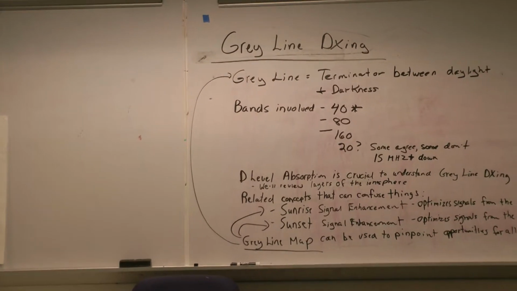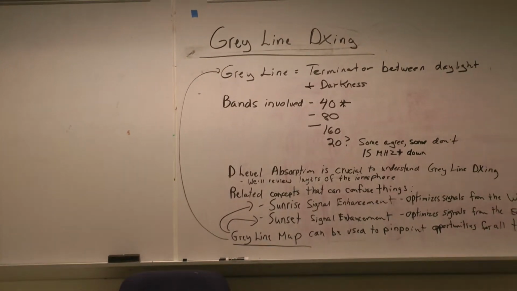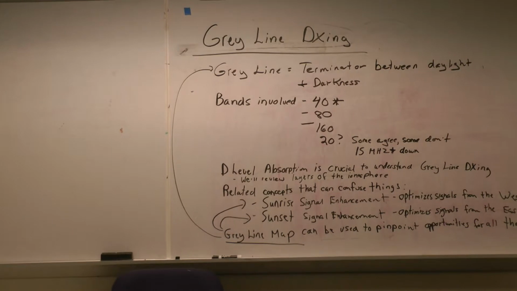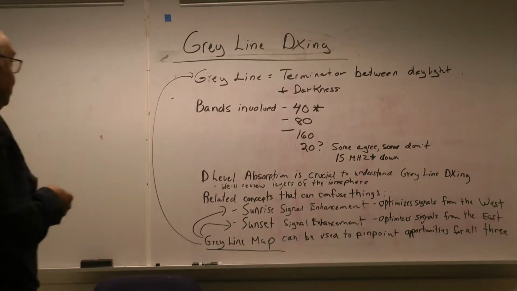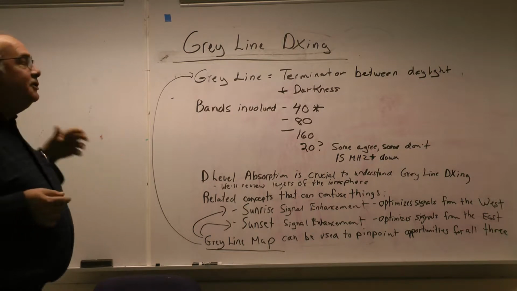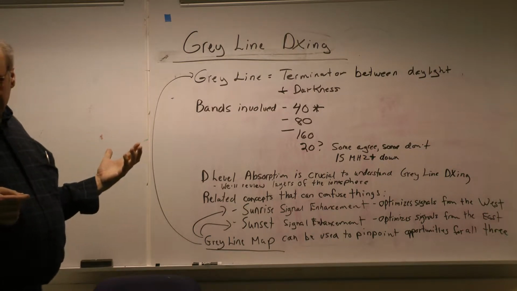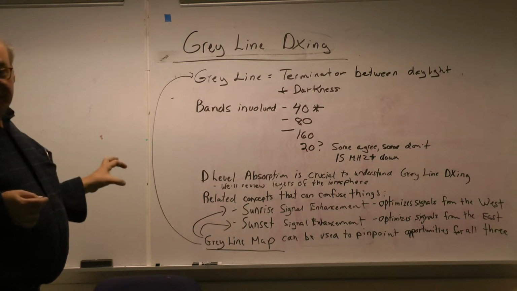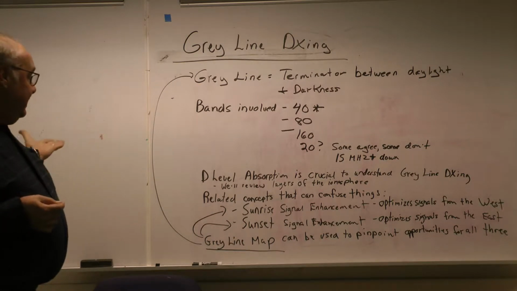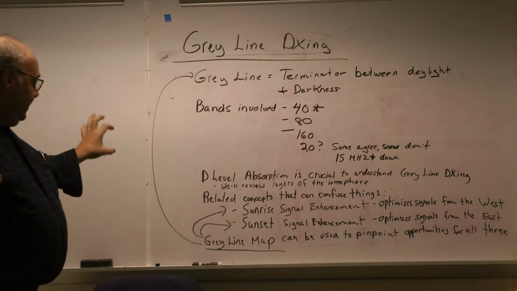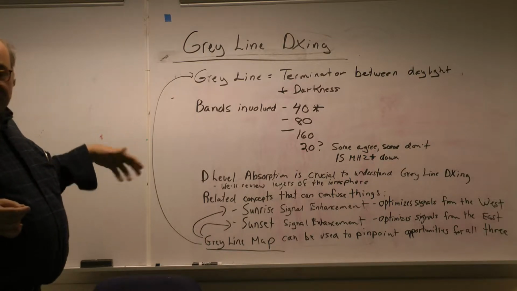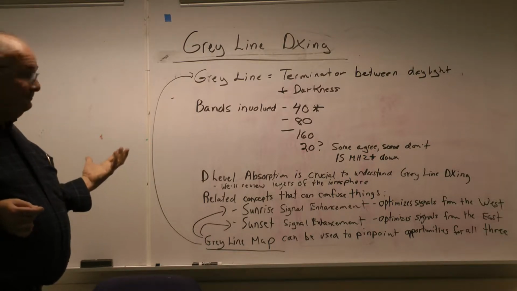The whole theory of gray line DXing is exactly that. It's still a theory. It describes accurately a whole series of propagation phenomena, but there's still some debate as to just how true the models are for gray lining right now, and also what the bands are. A key consideration about what gray line DXing is all about is the way the D level in the ionosphere works to absorb signals.